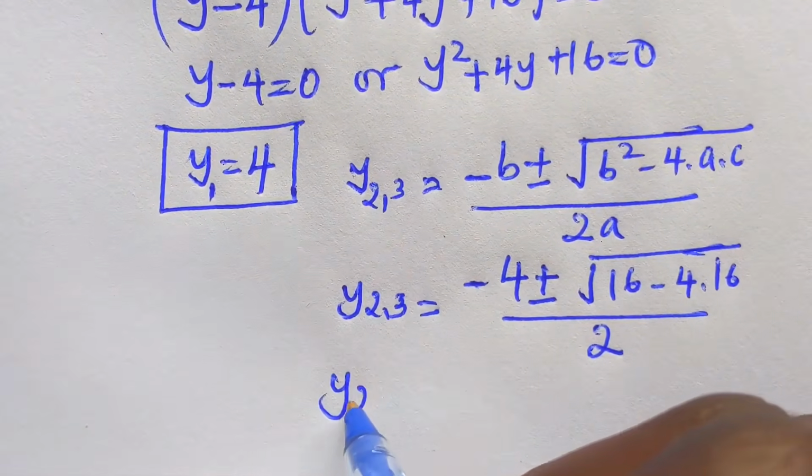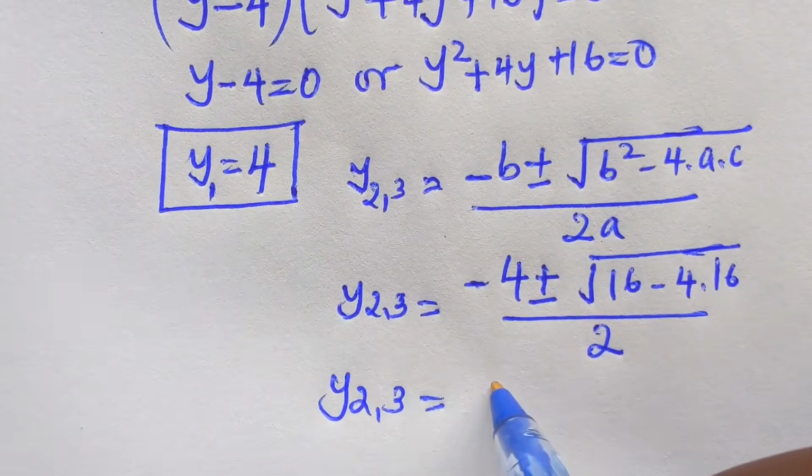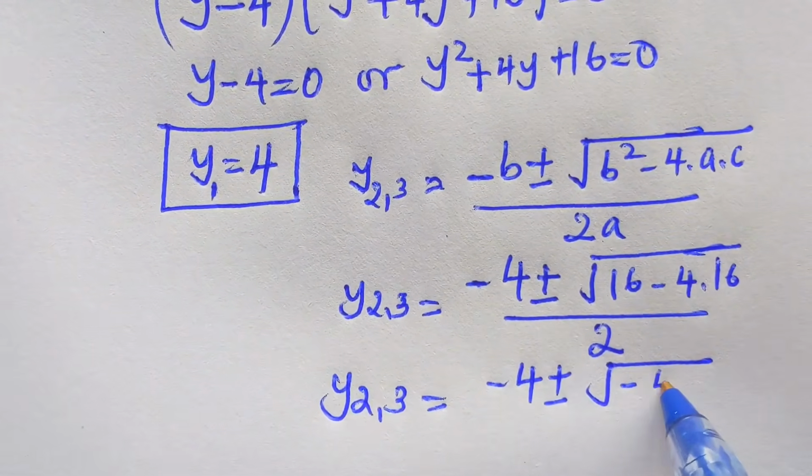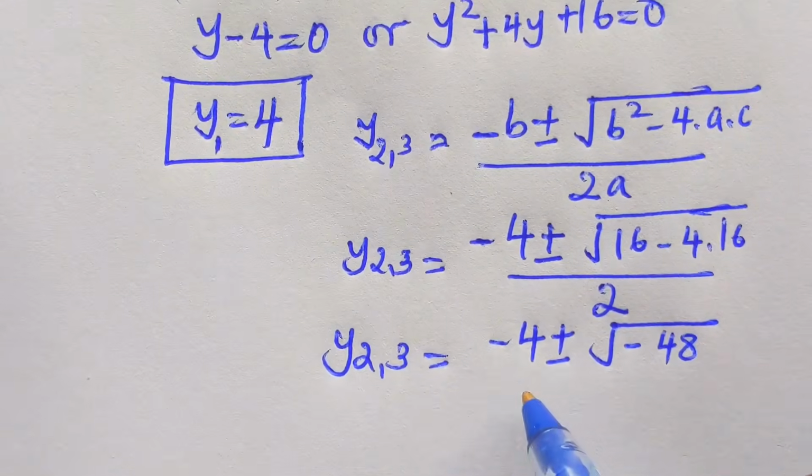And this will be y2 and 3, which equals negative 4 plus or minus the square root of negative 48 over 2.